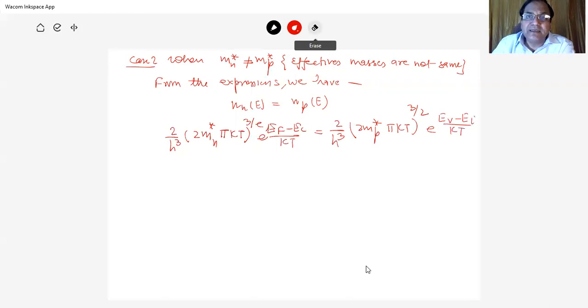Why do we take it here as Ei? Because we don't know what will be the change of E in reference to the mass.